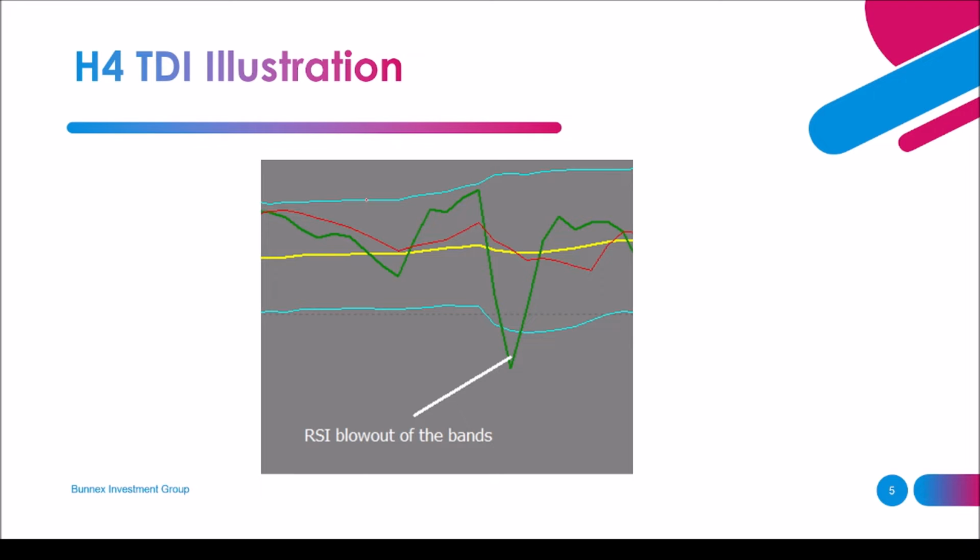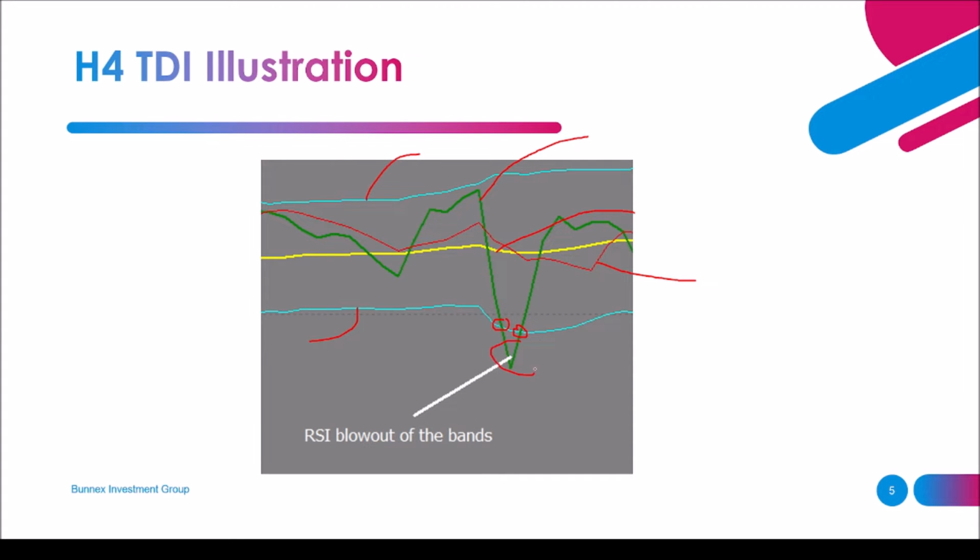So here are the components of the TDI. We have the bands, right? These are volatility bands derived from the Bollinger Bands. Then the one in green is the RSI line. It's the important part within this particular strategy. Then this is the moving 50. For this strategy, it's of no use, and the signal line is also of no use within this strategy. So we need to see the RSI line breaking outside the bands, like in this particular case.